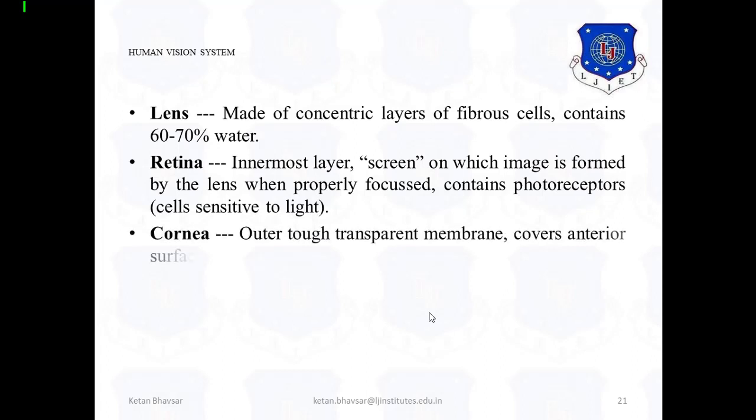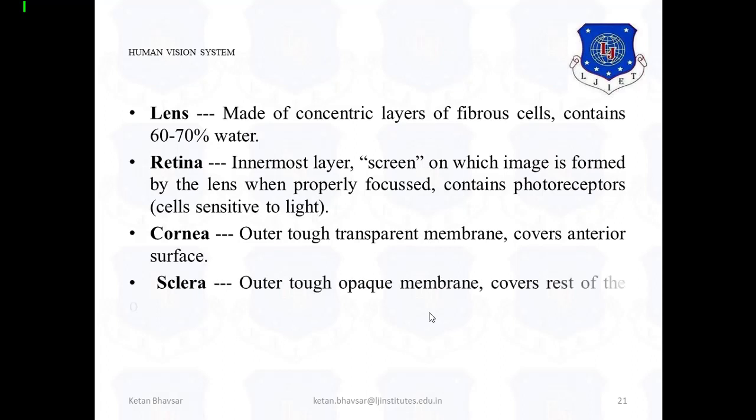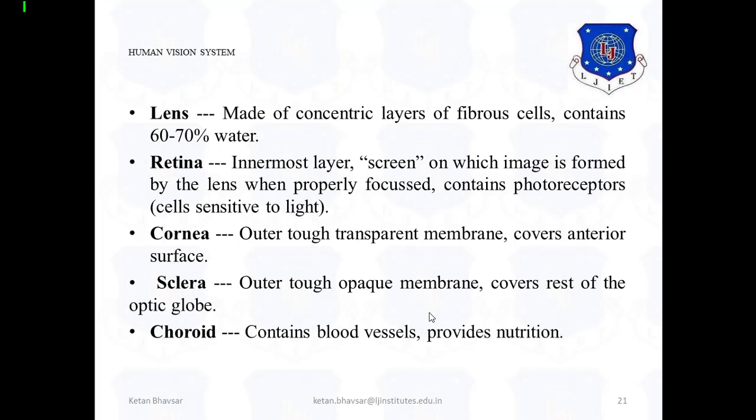Cornea, outer transparent membrane covering the anterior surface. Sclera, outer opaque membrane covering the rest of the optic globe. Choroid, containing blood vessels, provides nutrition to the human eyes.